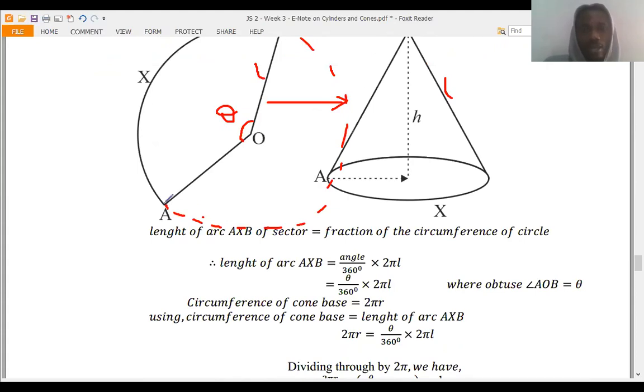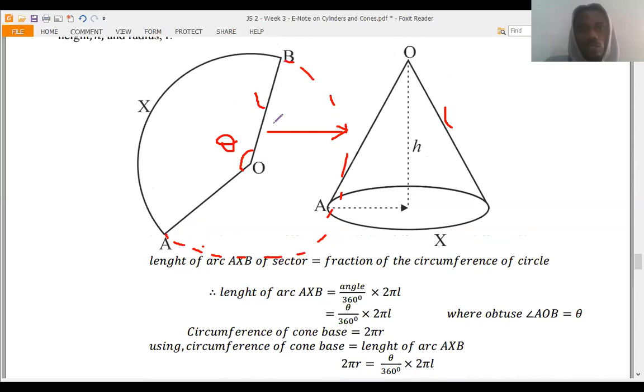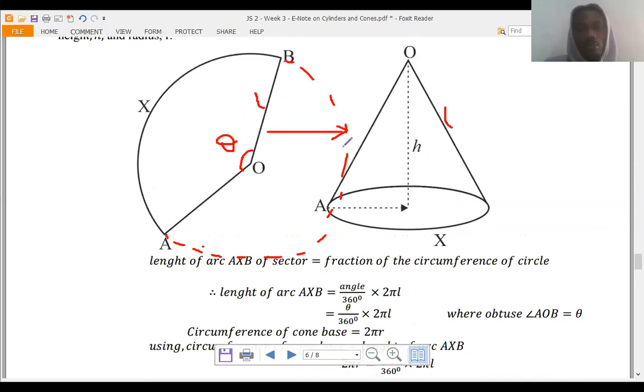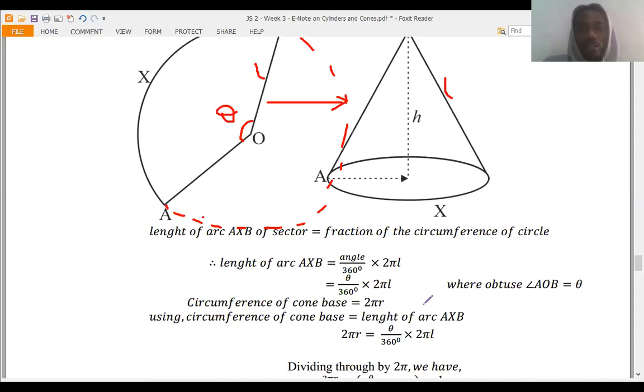So, the arc AXB, we want to see the length of that arc after folding this shape to form the curved surface area of the cone. That will be the length of an arc. Am I making sense here?